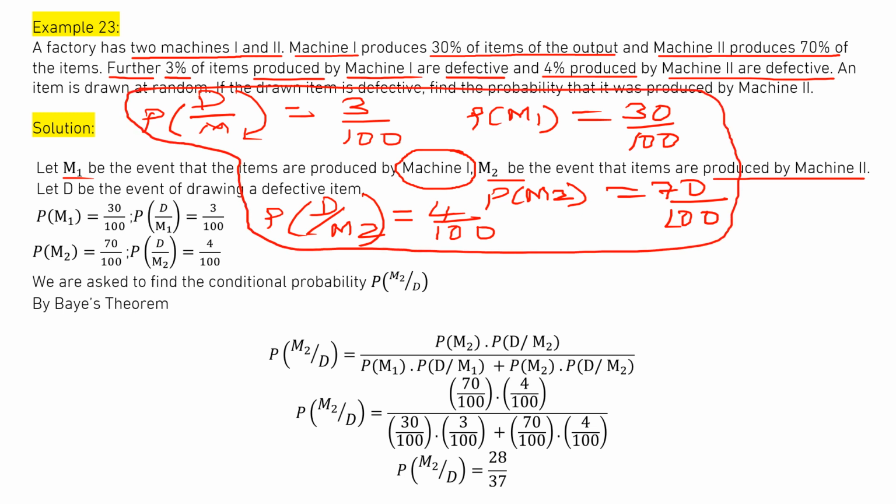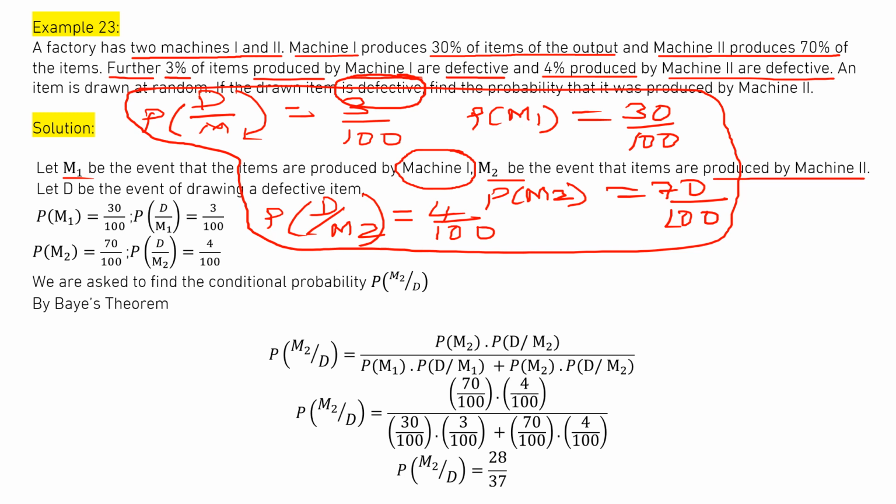Now read the next line. An item is chosen at random and it is found to be defective. So you randomly choose an item. It may come from machine 1 or machine 2, we don't know, but it is a defective item. Read the last line.